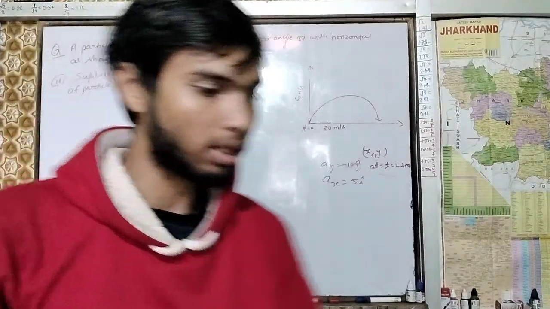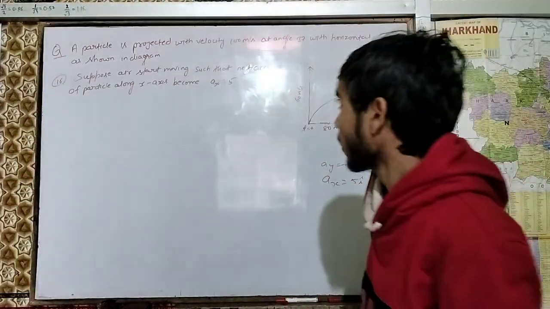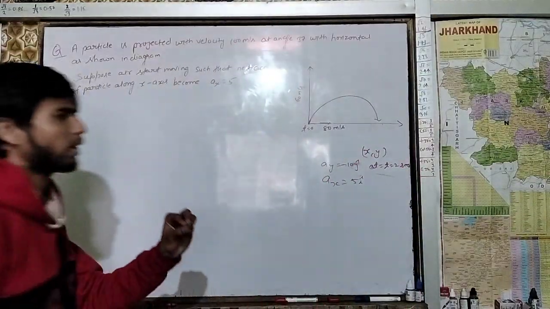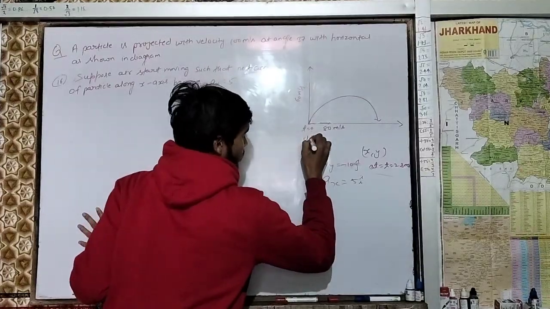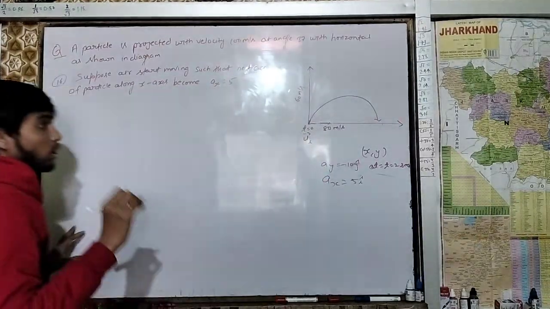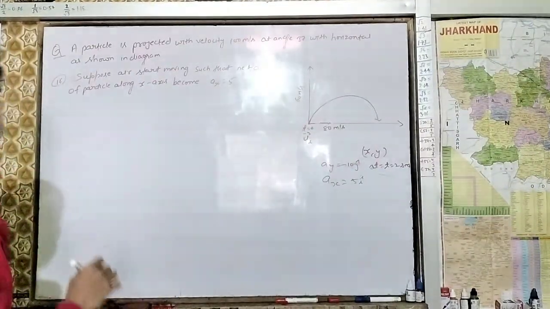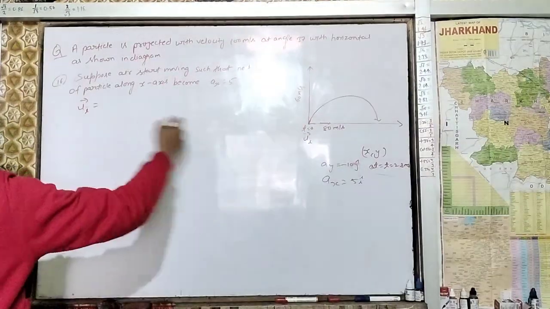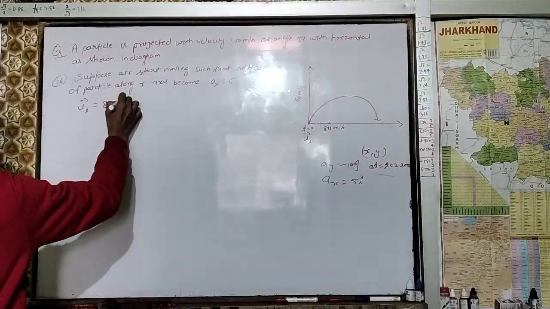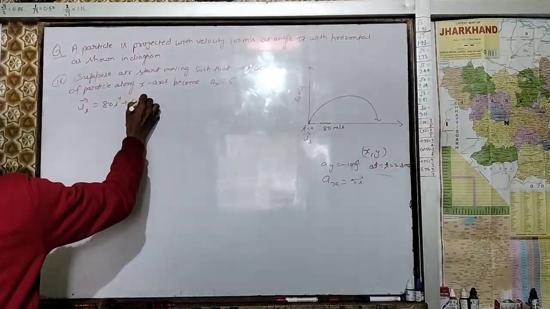Now try to understand, brother. We are going to write everything in vector form, okay? Can you tell me, initial u vector is going to be nothing but, can't you write it like this, 80 i cap plus 60 j cap.